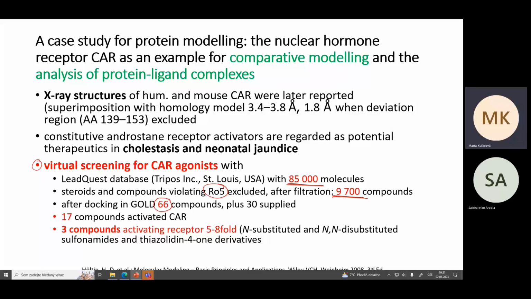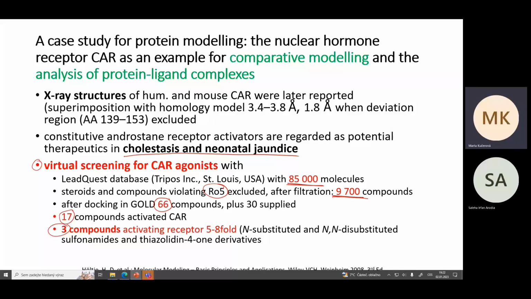After docking, only 66 compounds were determined to be active, to bind well to the active site of the receptor, and they then tested the compounds in a wet assay, in a laboratory assay, and found 3 very active compounds that could be used in cholestasis treatment, theoretically, or neonatal jaundice.